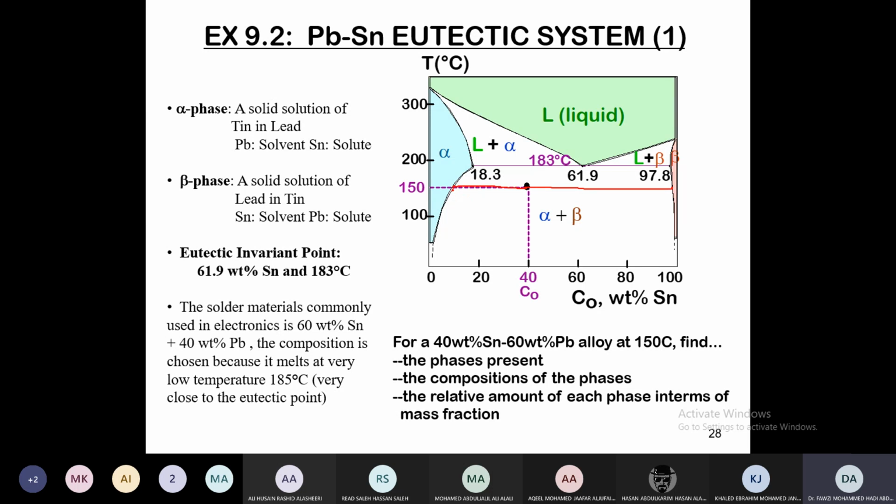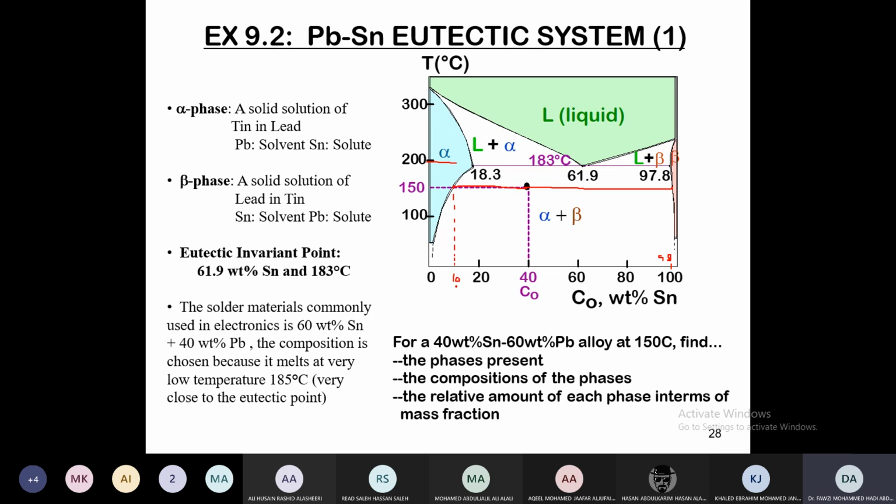So if we drop a vertical, coming down like this, I'm not very good at the mouse here, we have about 10, okay? And if we go from here to there, we have nearly, let's say I will take 98. I will say as if we have 98% by weight tin there. So then, if we are intersecting with the alpha phase here, we are getting the composition of alpha, which is 10% by weight tin.